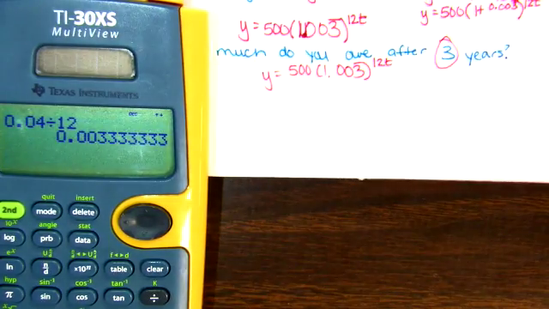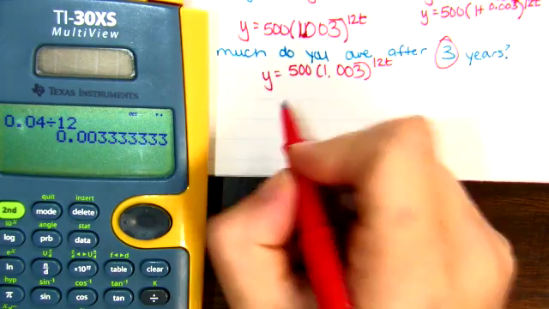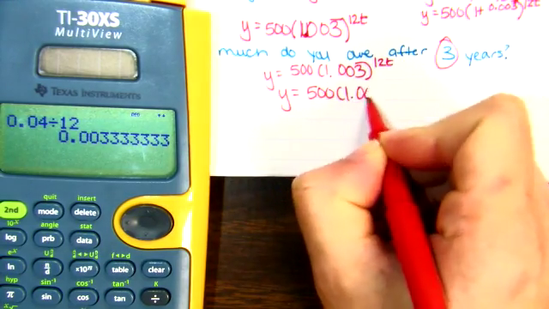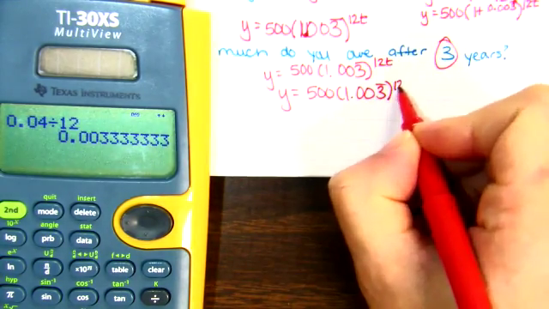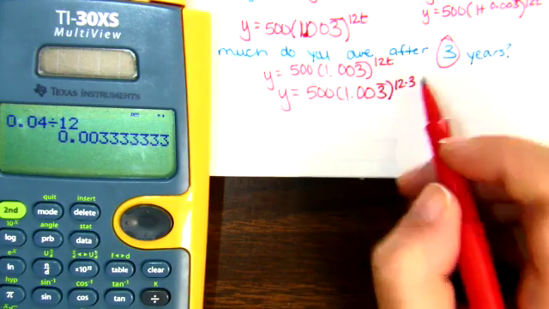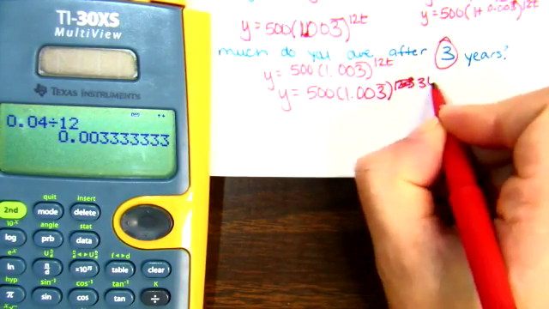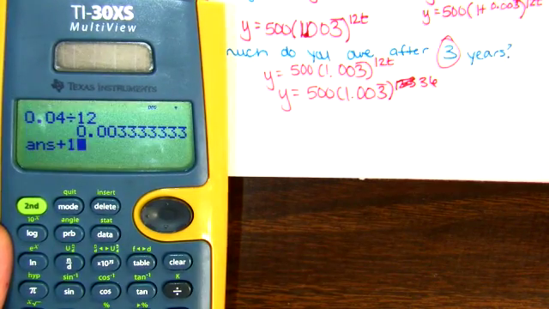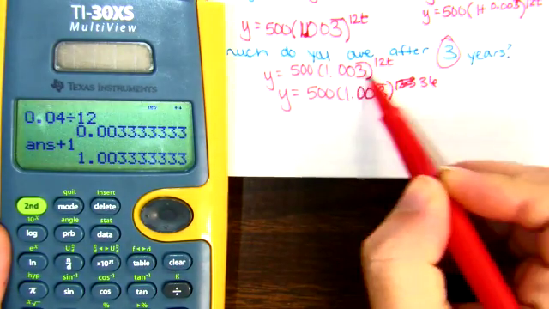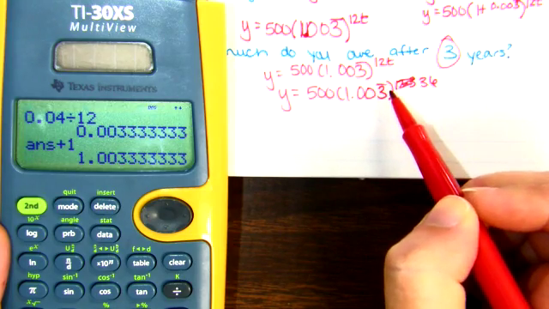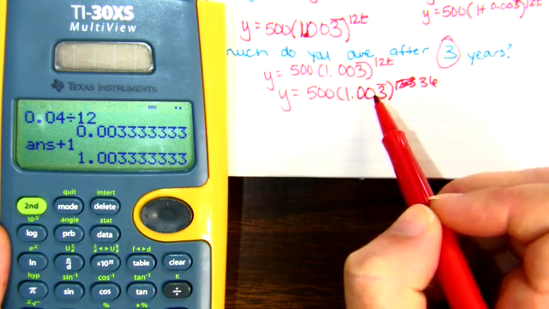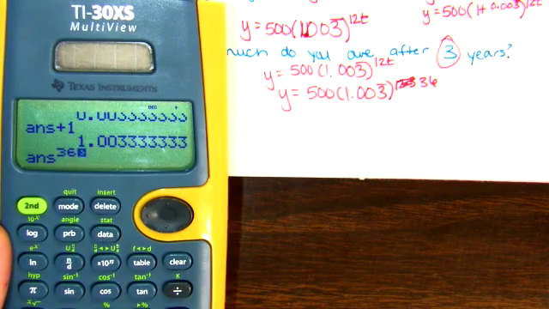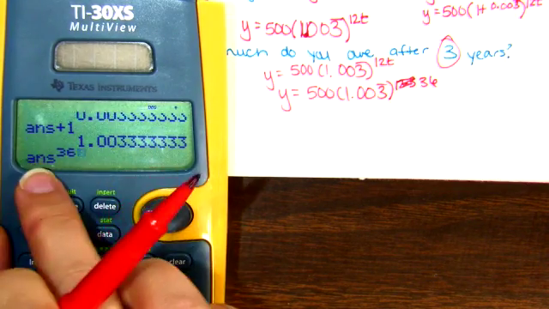And I want to know after 3 years, so I need to put in 3 for t. So y equals 500 times 1.003 repeating to the 12 times 3 power, or the 36th power. What I'm going to do is take this answer and add 1 to it. That takes care of what's in parentheses. And then remember that my next step is to do the exponent. So I'm going to raise this to the 36th power, and just by pushing the caret button, it says answer.